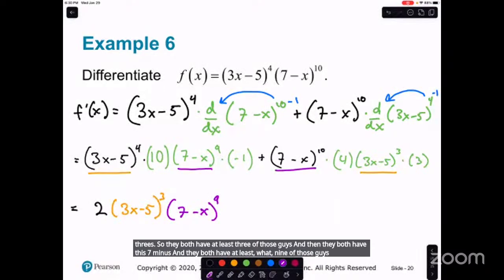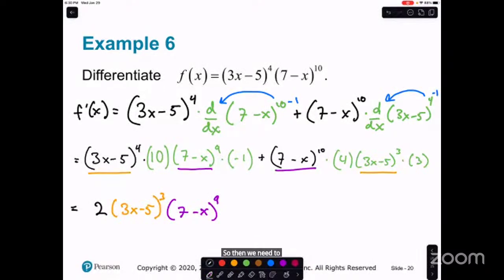Okay. So then we need to capture what's left over after we factor these guys out. If we factored out a 2, that means it looks like there's a negative 5 left there. Let me see. So it looks like this is gone after we factor. And it's only one of those guys left. So 3x minus 5. So it looks like it's easy to lose track, right?